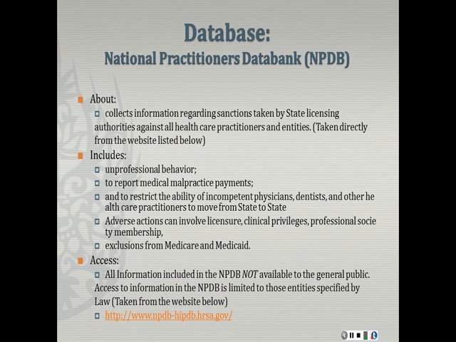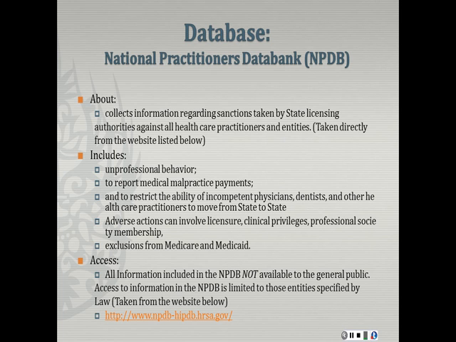And this includes unprofessional behavior, reporting of medical malpractice payments, restricting the ability of incompetent physicians, dentists, and other healthcare practitioners to move from state to state, any adverse actions that involve licensure, clinical privileges, professional society memberships, and exclusions from Medicare and Medicaid.